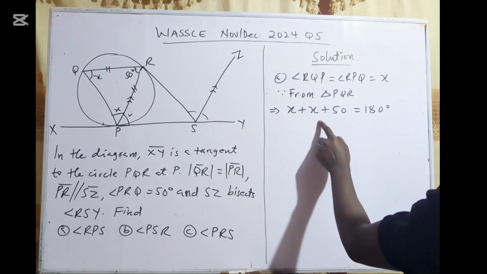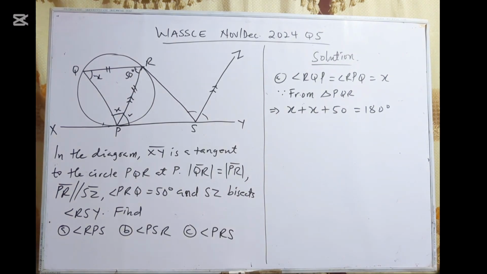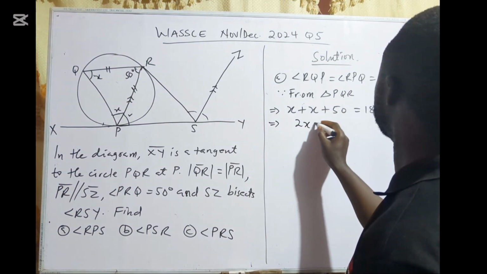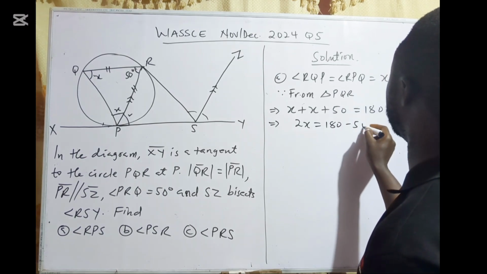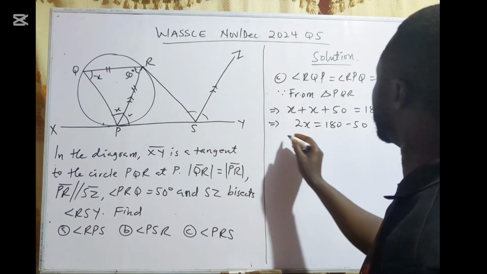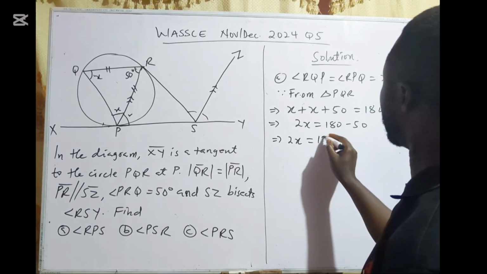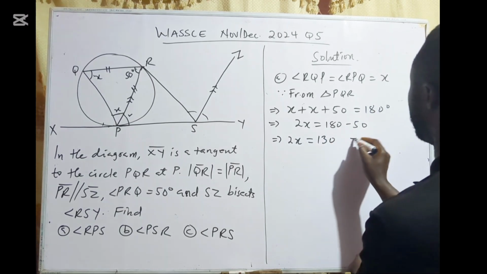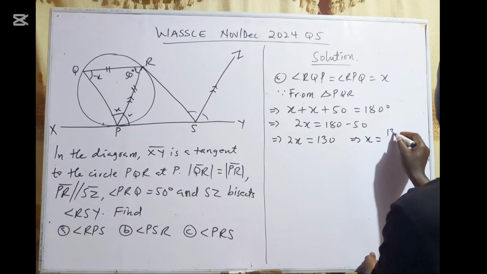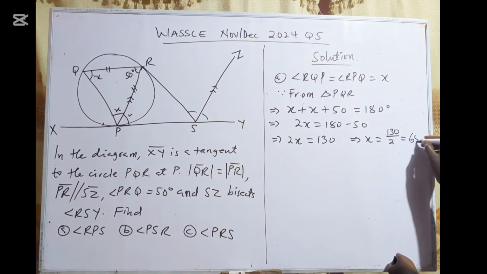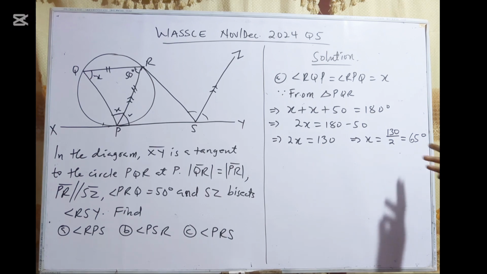Then 2x is equal to 180 minus 50. What is 180 minus 50? That is 130. And what will x be? 130 divided by 2 will give me 65. So my x is 65.